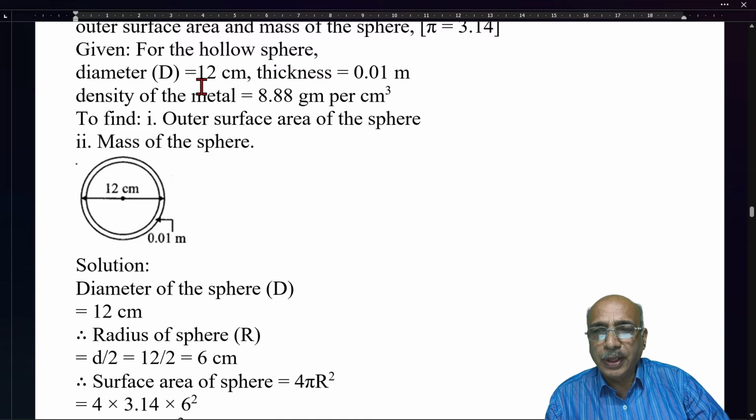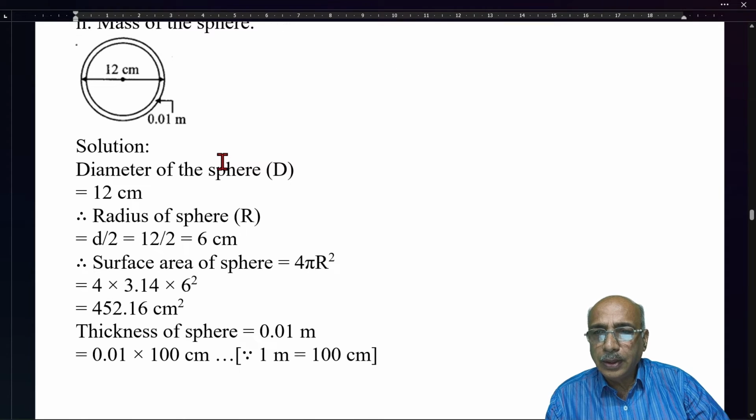For the hollow sphere, diameter D equals 12 centimeter, thickness equals 0.01 meter, density of the metal equals 8.88 gram per centimeter cube. To find number 1, outer surface area of the sphere, number 2, mass of the sphere. So here you see the diagram, the diameter is 12 centimeter and thickness is 0.01 meter.